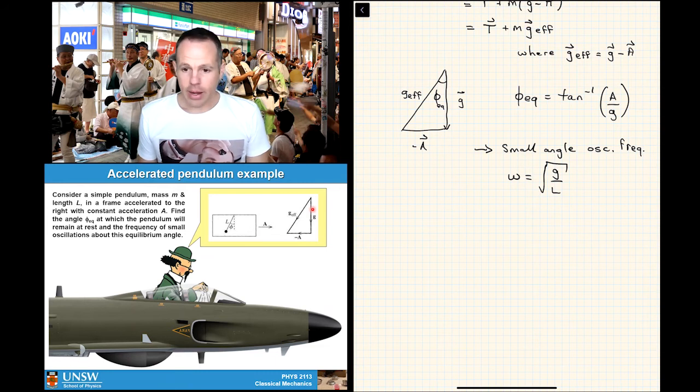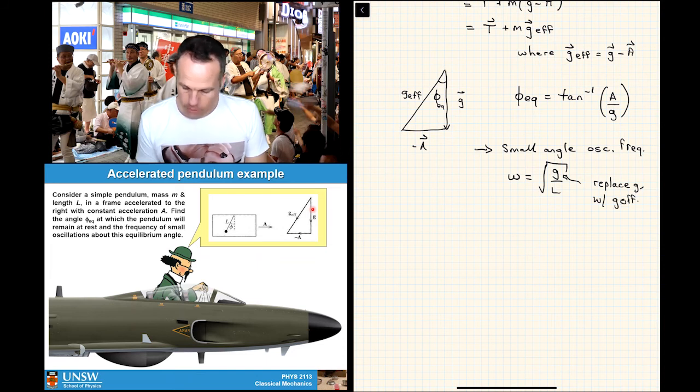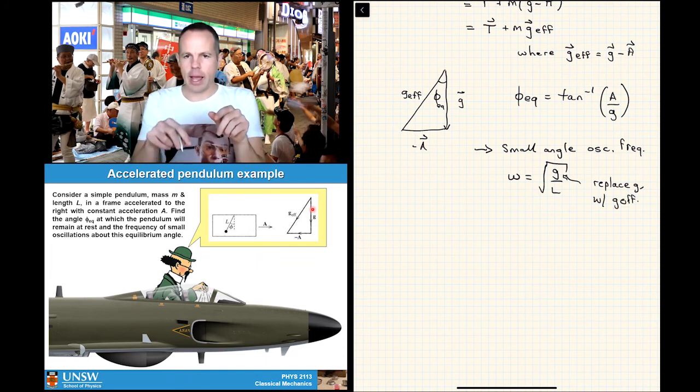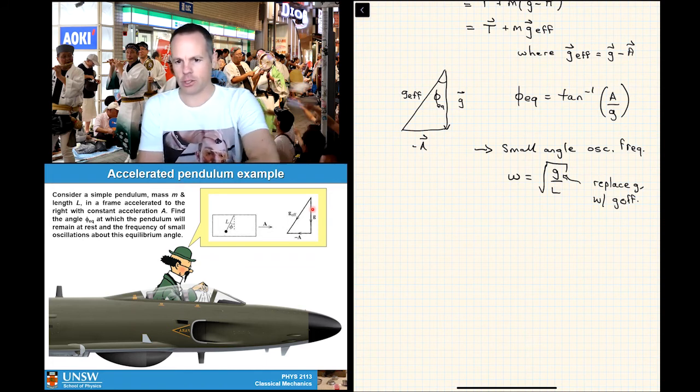The final answer here is actually really simple. What happens in here is we just have to replace G with G effective. Just something on my notes, if I do a w/, it's shorthand for with, and w/o is shorthand for without.